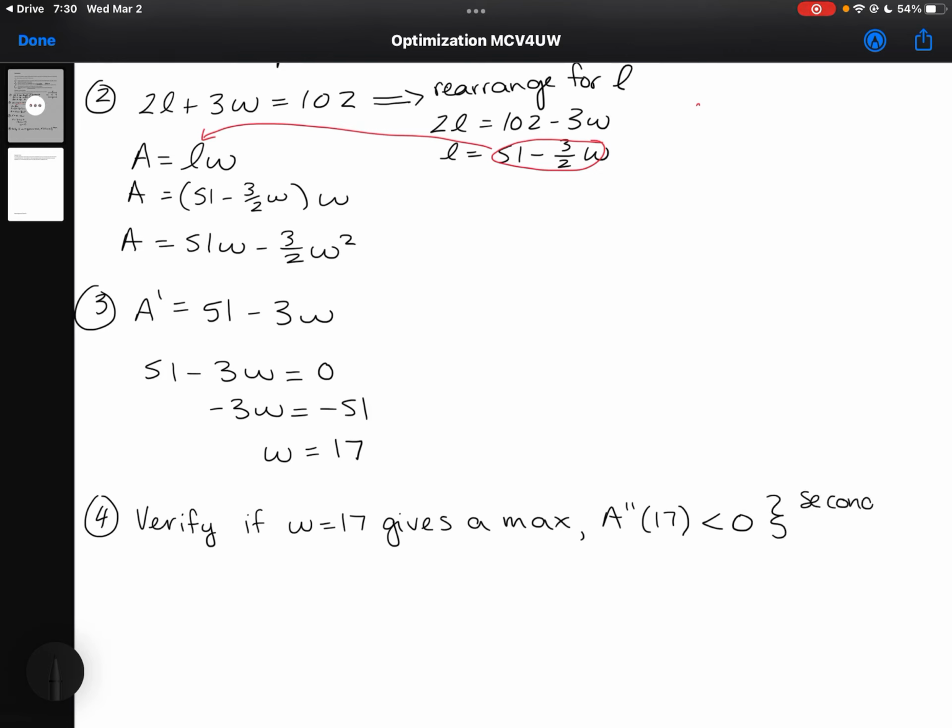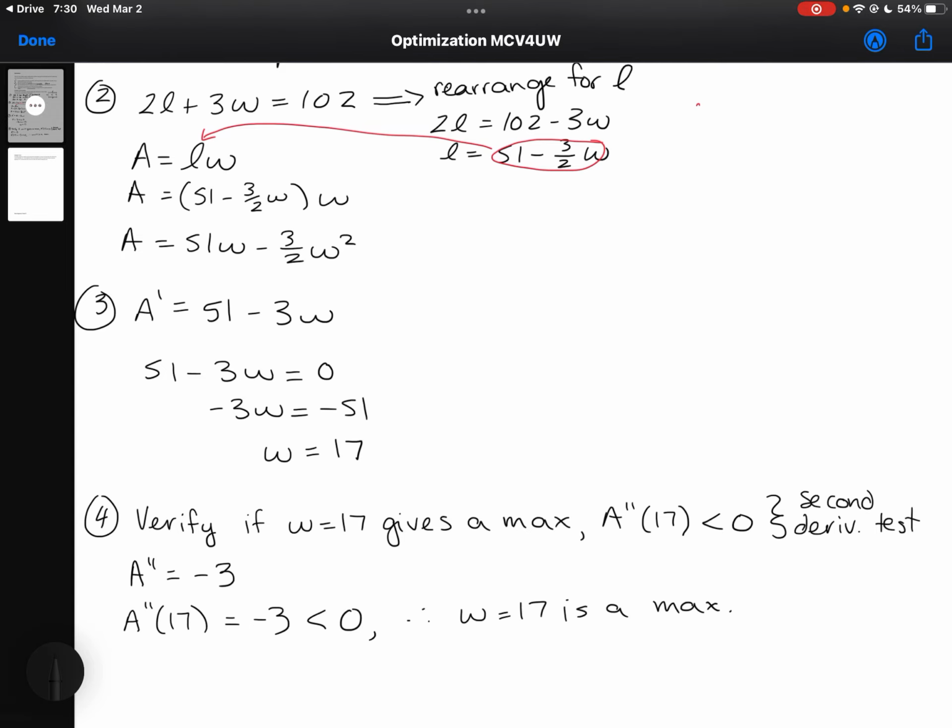This is my second derivative test. Okay, my second derivative is actually just minus 3. So that means that my second derivative evaluated at 17 is just minus 3, which is less than 0. Therefore, W equals 17 is a maximum.